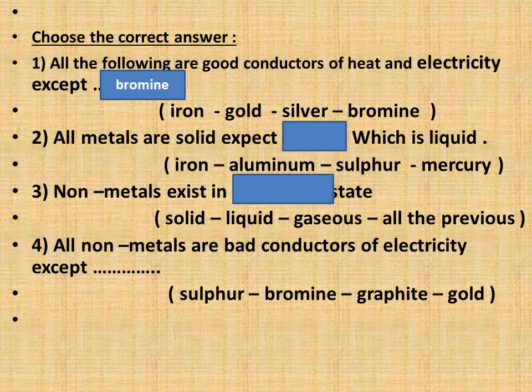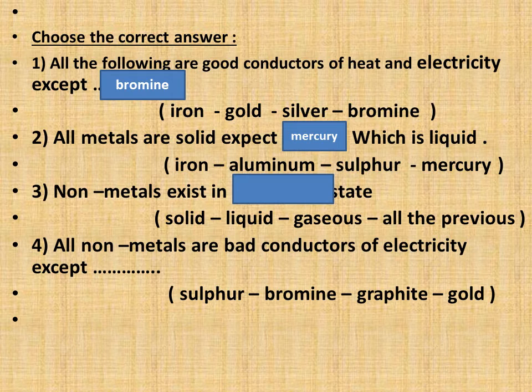Number 2, all metals are solids except. We knew that all metals are solid except one element that is a liquid. Let's see which element. Iron is a solid, aluminum is a solid, sulfur is a solid non-metal, mercury is a liquid metal, so we will choose mercury.